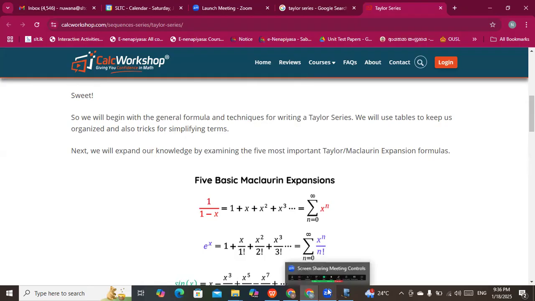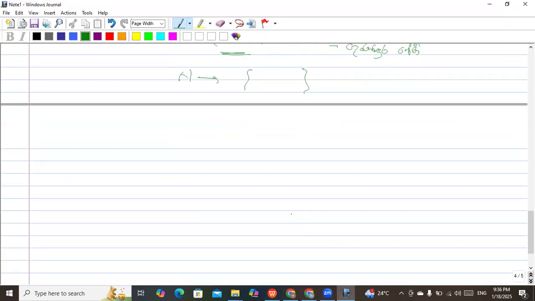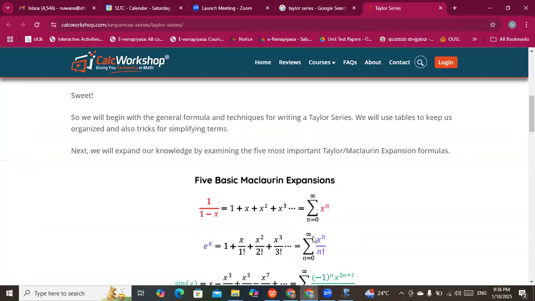According to this, if you consider the first Maclaurin expansion, it is somewhat like this. If you have 1 plus x plus x square plus x third, up to infinity, you can compare this as 1 over 1 minus x, is that correct?